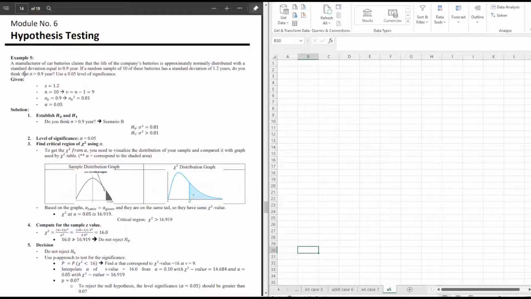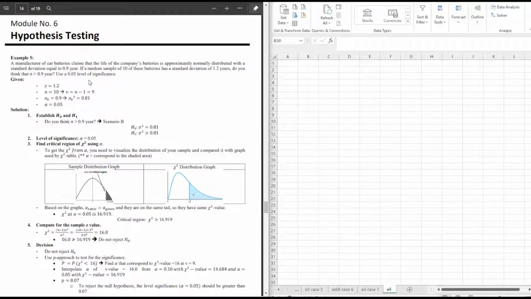If you were to get a random sample of 10 batteries which has a standard deviation of 1.2 years, can we conclude that the sample standard deviation is greater than the established population standard deviation, which is in this case 0.9 years?